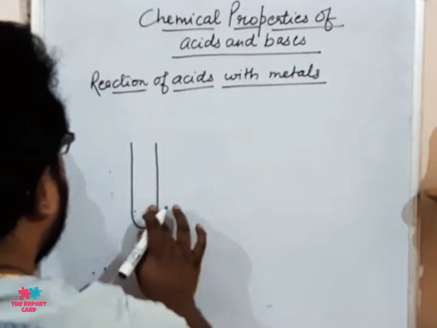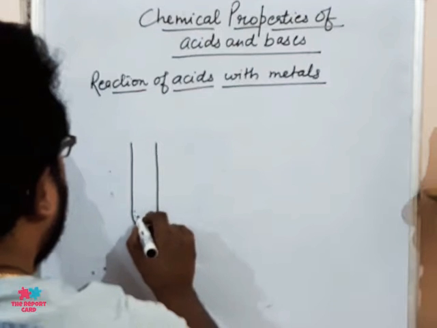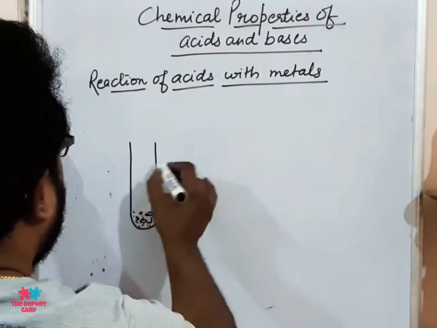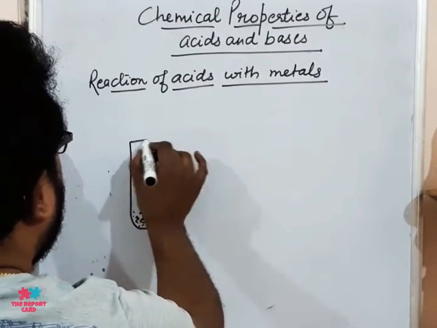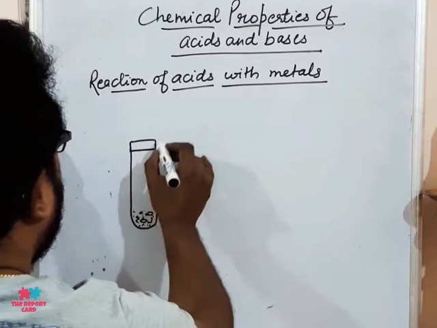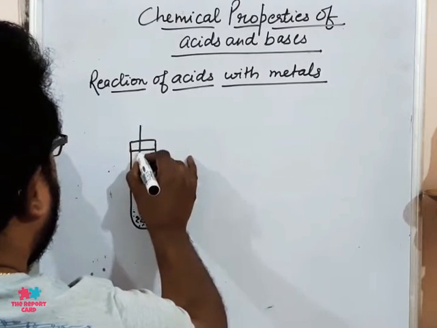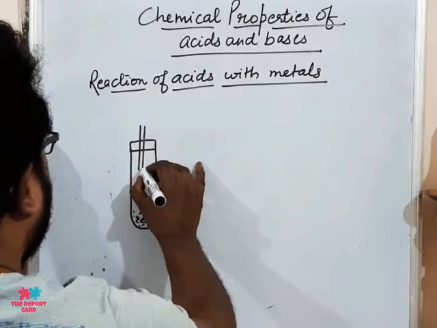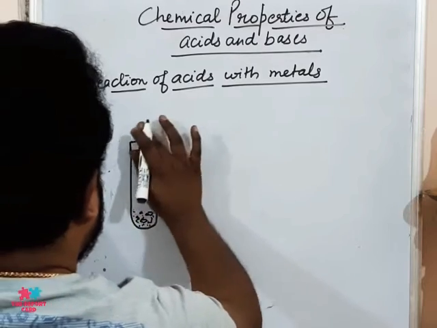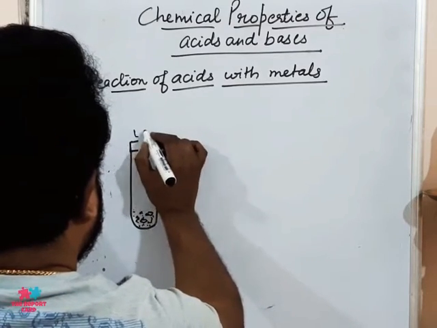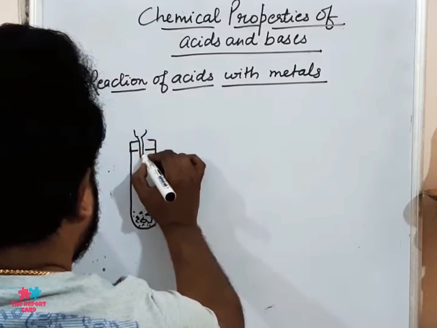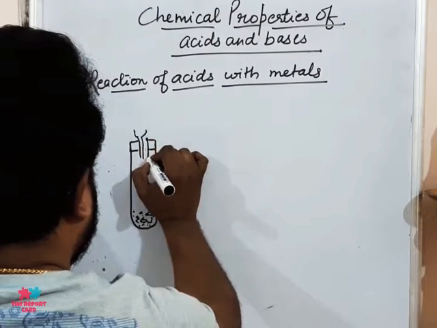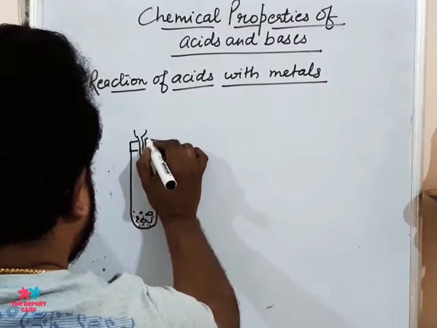So you have zinc metal kept here, or any metal you can keep here, and then you need to close the mouth of the test tube and pass a delivery tube. You can make some space through which you will pour some acid, and then a delivery tube is passed through it.